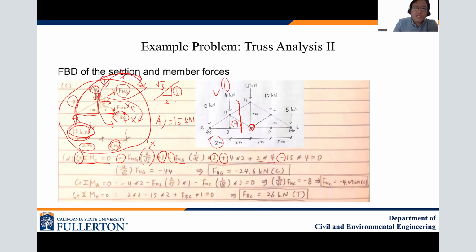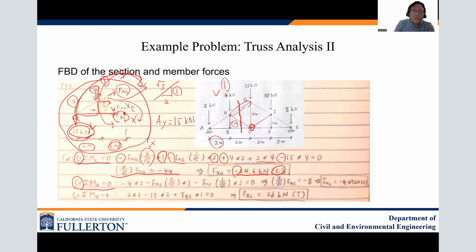So with this kind of calculation you get minus 24.6 kilonewton, okay? The minus means that we assumed tension, so that is compression. The value for this member FHG is a compression of 24.6 kilonewton. Okay?